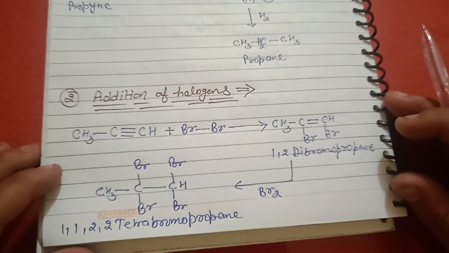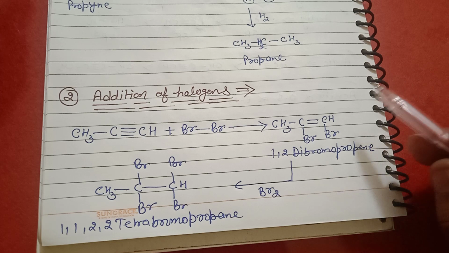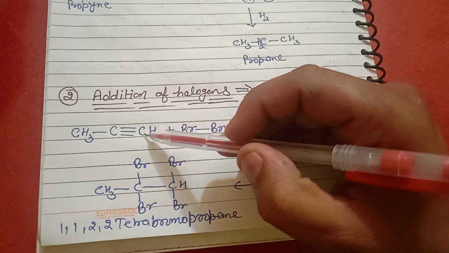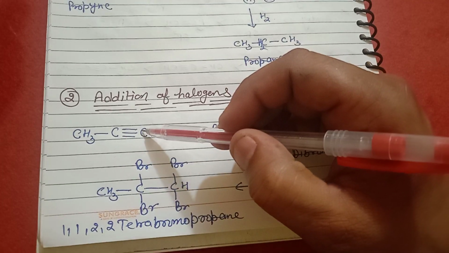Another reaction is addition of halogen. So in case of alkyne, we add bromine. One part of bromine adds to this carbon and one part of bromine adds to this carbon due to breaking of this bond.